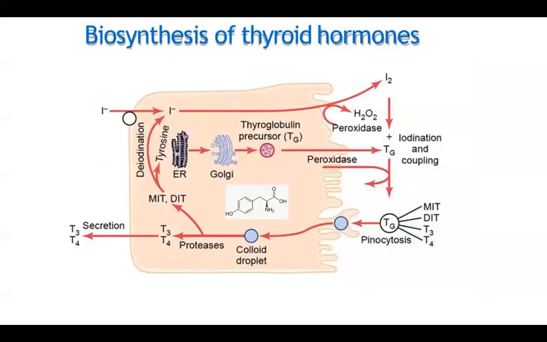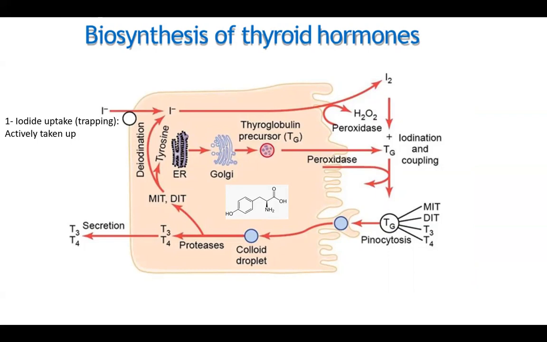Okay, now let's take the steps. I think you're familiar with them. Can someone help me with each and every step? First, there's uptake of the iodide, as sodium iodide. We call iodide uptake trapping, which is active uptake.